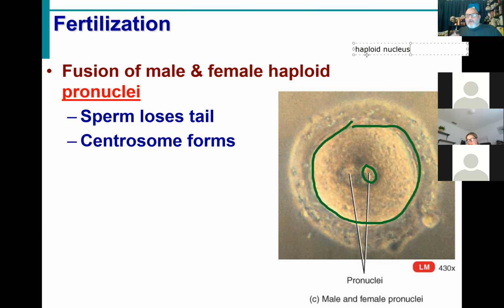We also, from the head of the sperm, have also brought in the male haploid nucleus. These two nuclei, because they contain half of the number of chromosomes, we call haploid nuclei. Now that they're both contained but separate inside of our oocyte or ovum at this point, we can also refer to them as pronuclei.